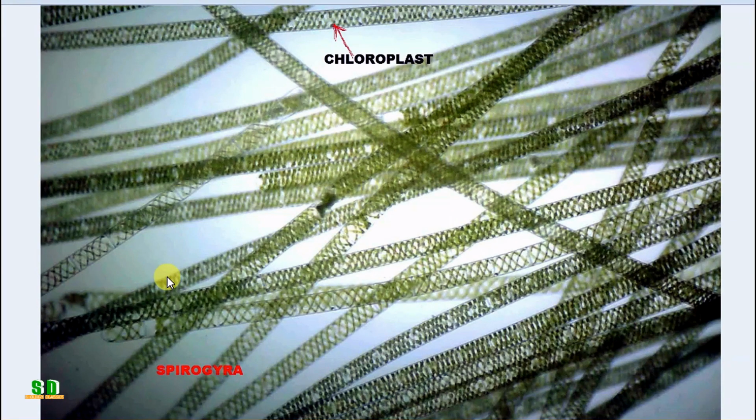Now we will see the multicellular form of Chlorophyta. Spirogyra is the example of the multicellular algae. Here you can see the picture of Spirogyra. From this picture you can understand that it is made up of many cells, and the cells are rectangular-shaped.